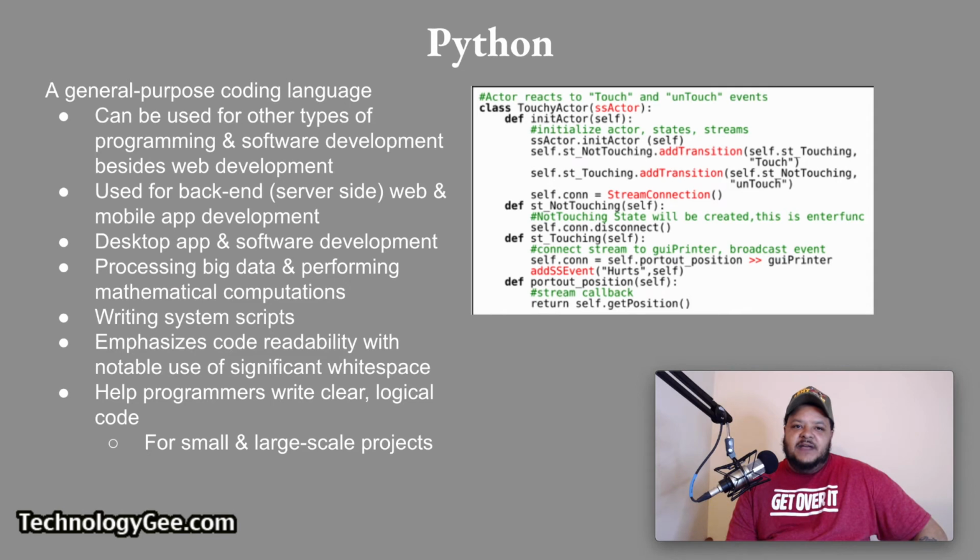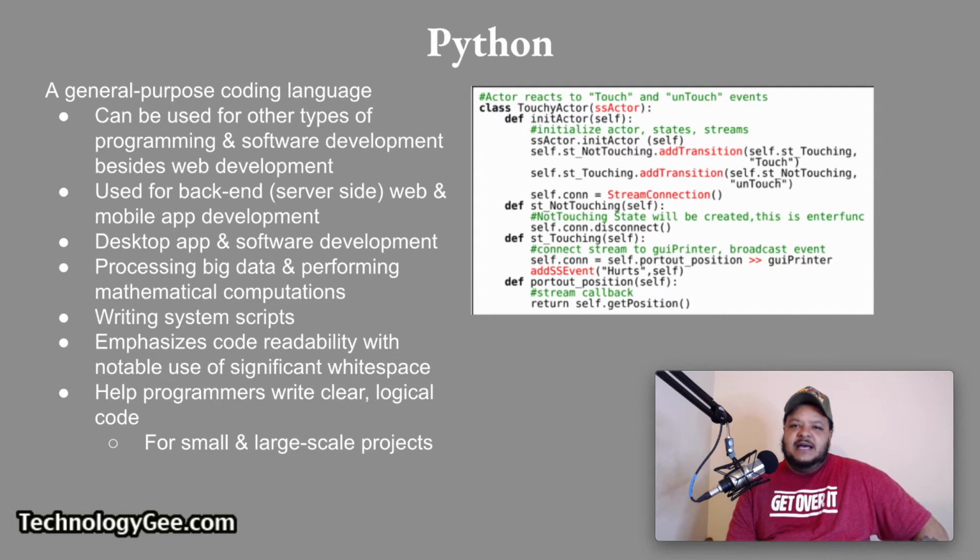Next, we have Python. Python is a general purpose coding language, which means that unlike HTML, CSS, and JavaScript, it can be used for other types of programming and software development besides web development. Python could be used for things like backend or server-side web and mobile app development, desktop apps and software development, processing big data and performing mathematical computations, and writing system scripts.